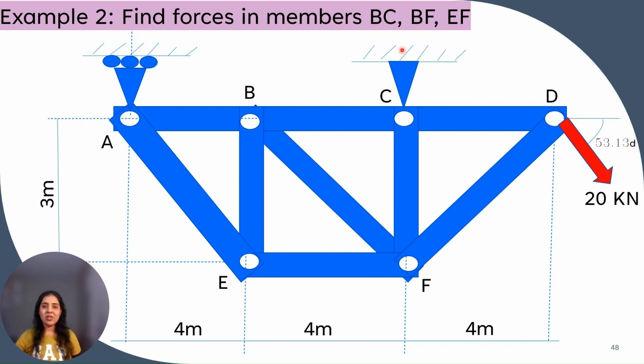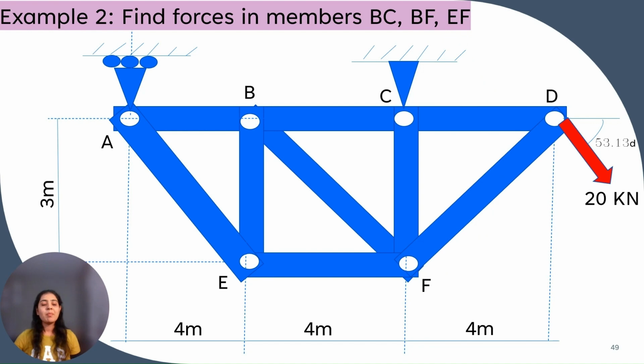And in the question it is asked that we have to find the force in the members BC, BF and EF. So let's solve it.